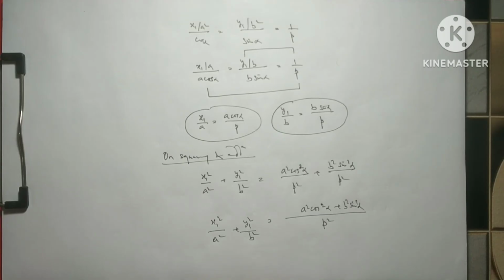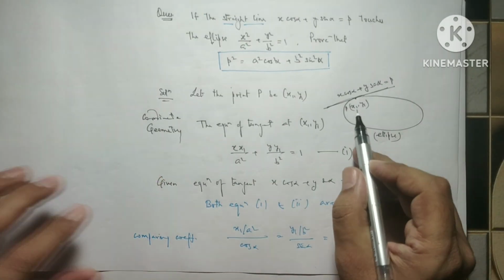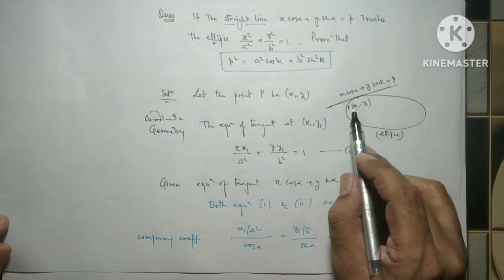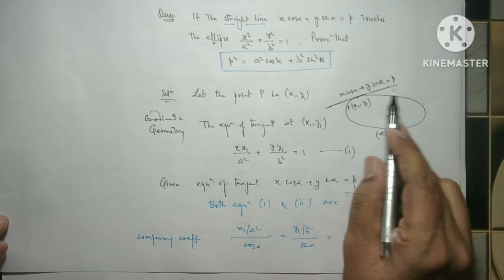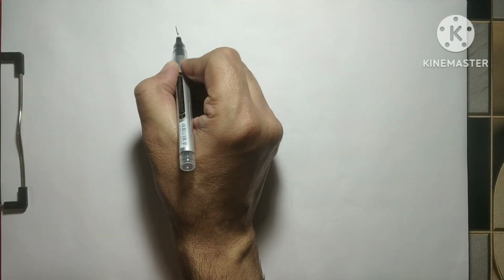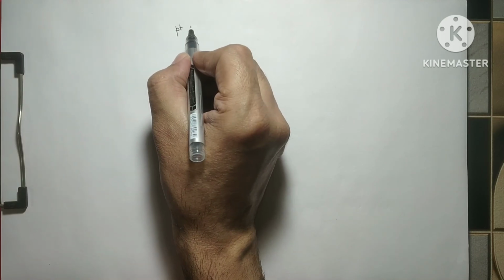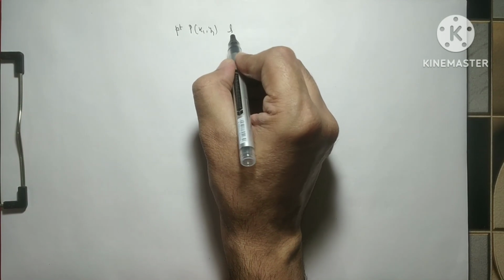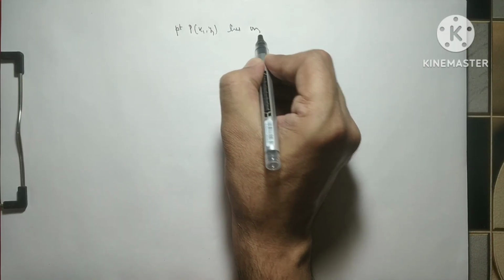Right now, this point x1 y1 lies on this ellipse, so this point should satisfy the equation of the ellipse. That means point P, that is x1 y1, lies on the ellipse.